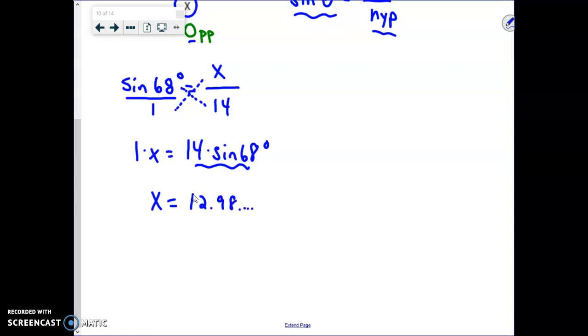Now it says go to the nearest 10. So that means we want to go to this. Well, this 8 right here is going to change this and round it up to 10, and that's going to carry a 1 over there. So in essence, that side is approximately equal to 13.0 units.